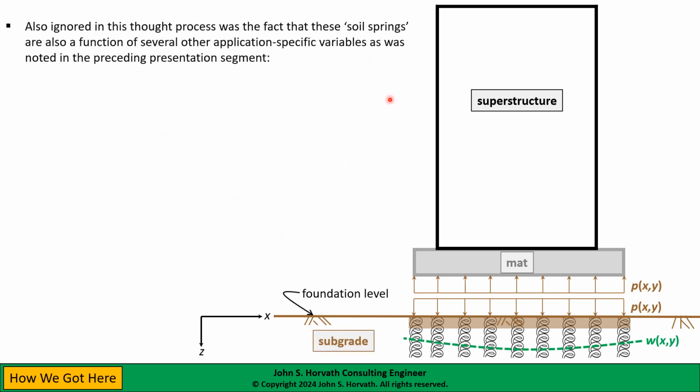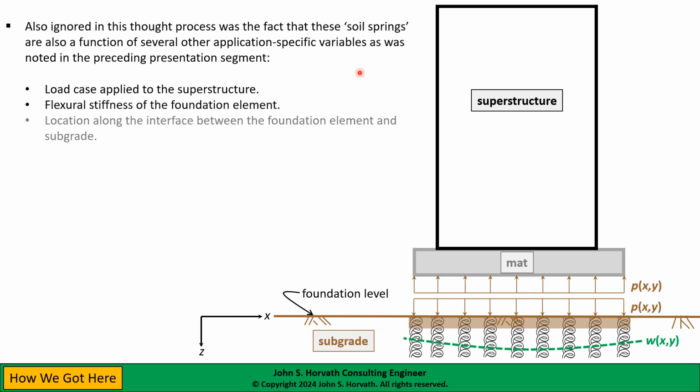Also ignored in this thought process of replacing the subgrade with a bunch of independent springs is that there are several other application-specific variables, as I noted in the preceding presentation segment. It depends on the load case, the flexural stiffness of the mat, the location along the mat subgrade interface, and the significant stress depth within the subgrade.